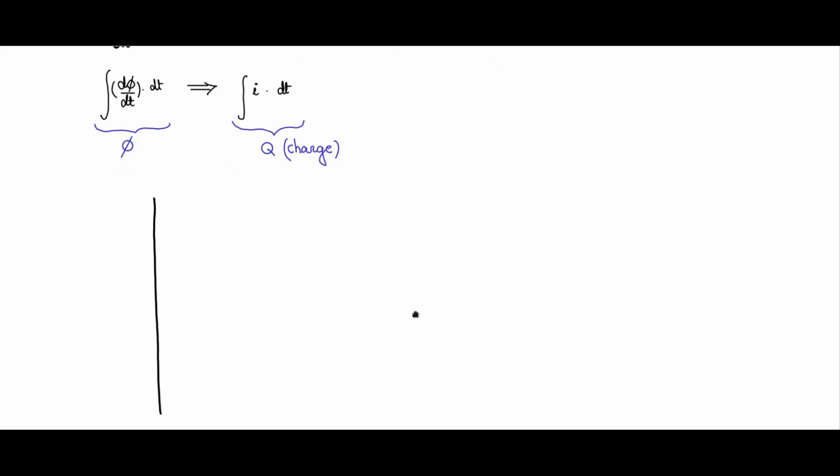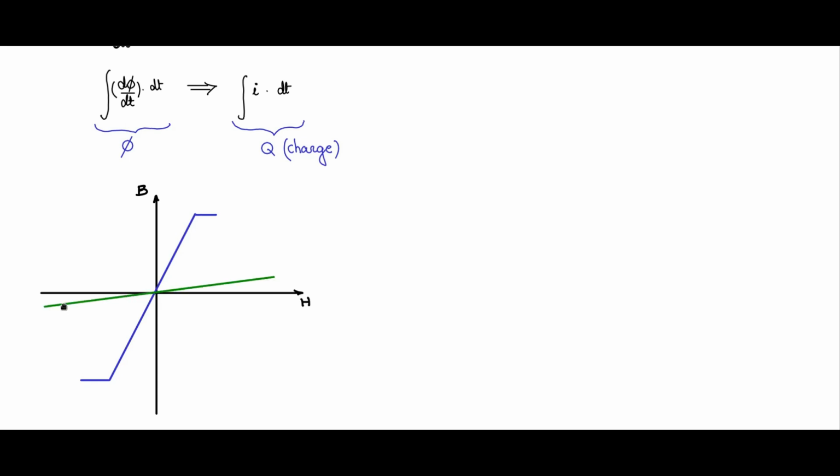Let me draw the BH curve, a straight line like this, and the saturation parts. Now this is the BH curve of a core. Now what will be the BH curve of free space? No core in it. So the slope will be very, very low, almost horizontal, but I will show it zoomed with a finite slope like this.